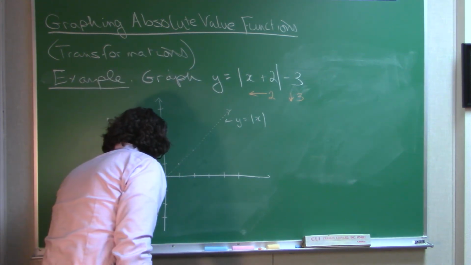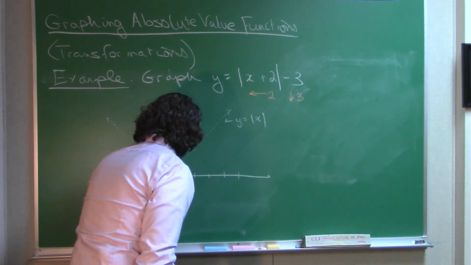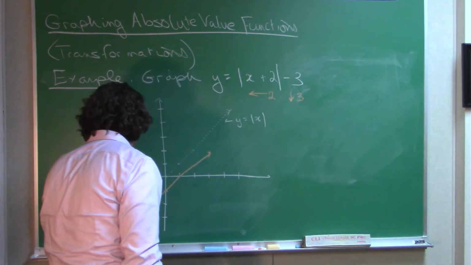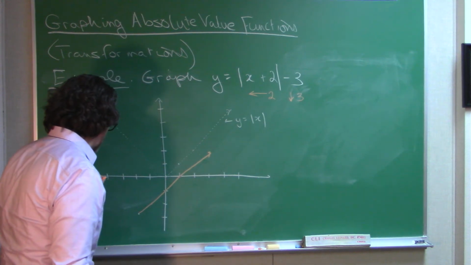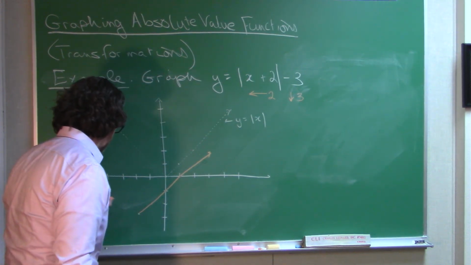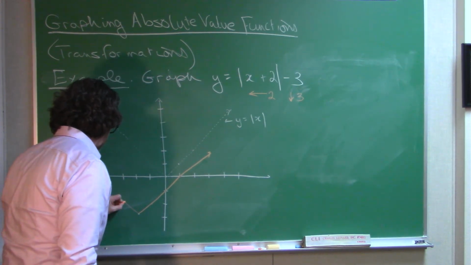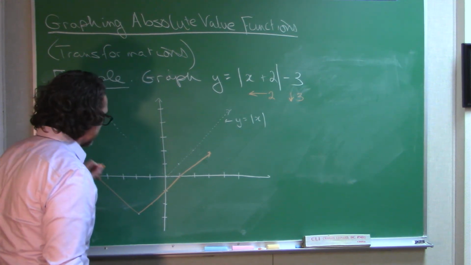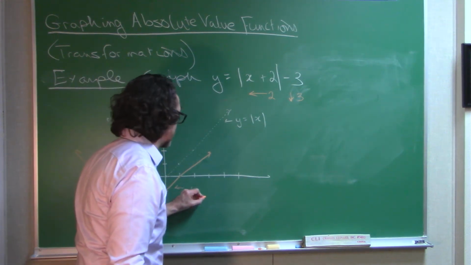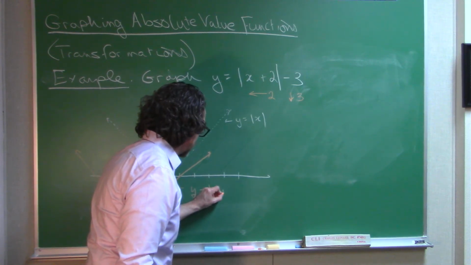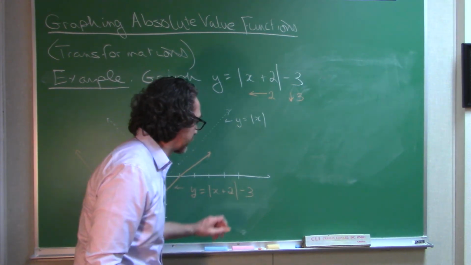So this is what our picture is going to be looking like right here. So that is the graph of y equals absolute value of x plus 2, minus 3.